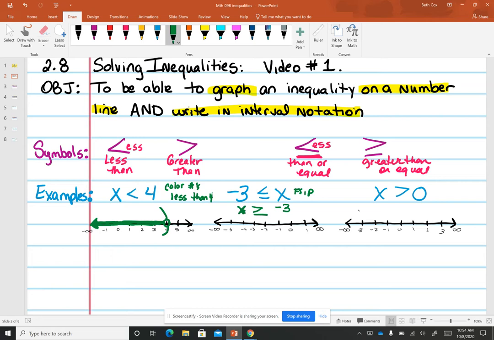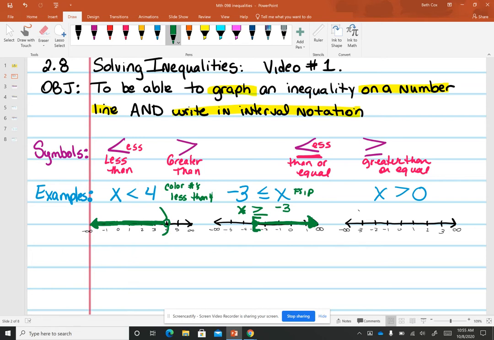So now I have x is greater than or equal to negative 3. This part is greater than negative 3, and this part says equal to negative 3. So I am going to color negative 3, and we're going to put a bracket right there.